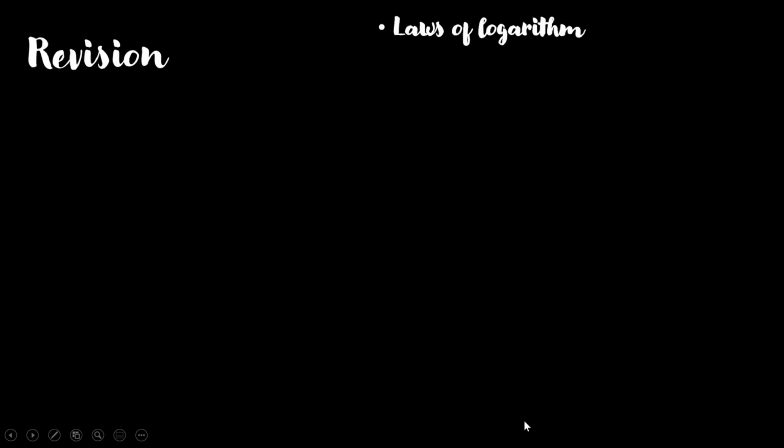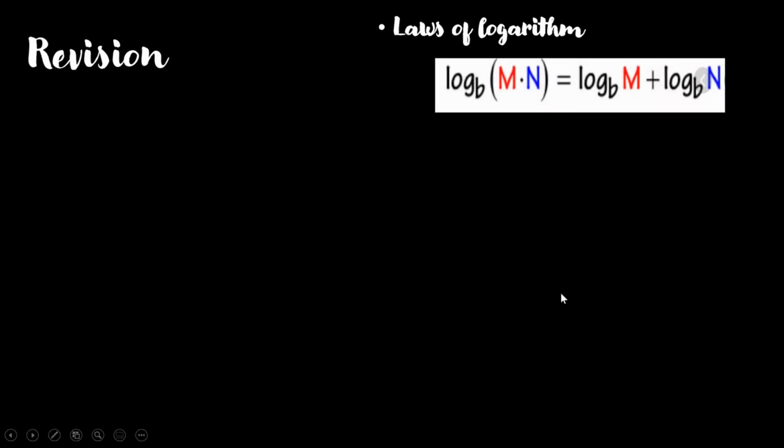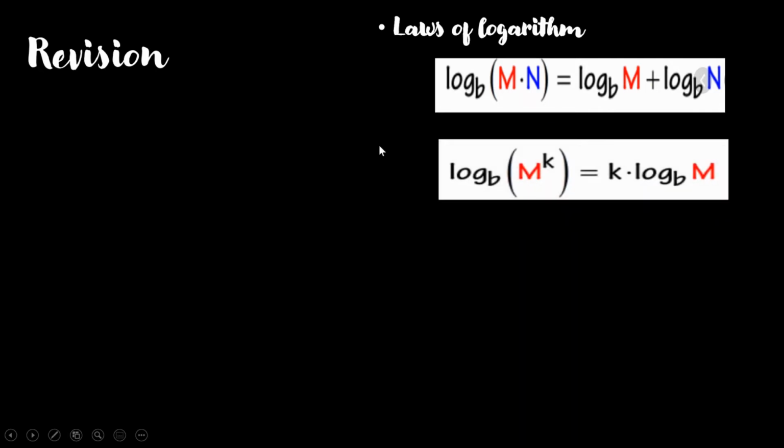We had also learned some laws of logarithm, like the product law, where log of mn with base b you can write as log of m with base b plus log of n with base b. It has much similarity with the law of indices. The second law is the power law, which is log of m to the power k with base b, which becomes k times log of m with base b.